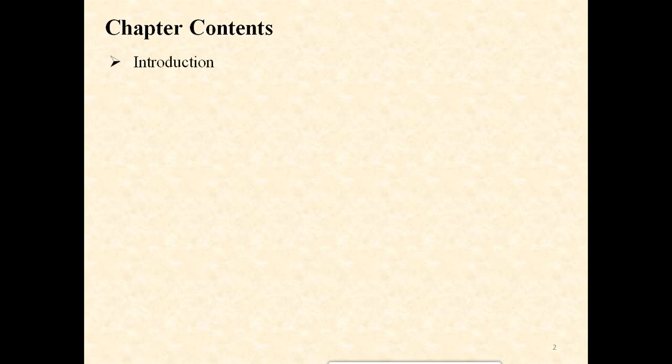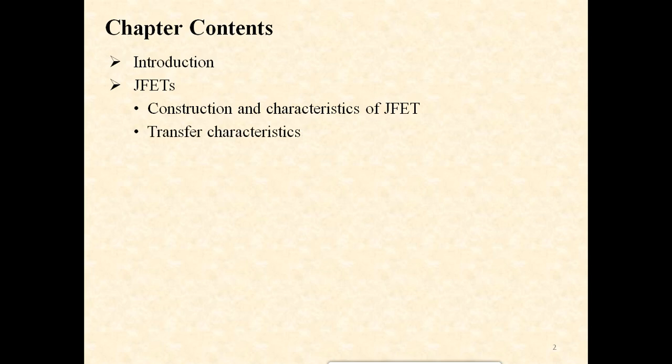Introduction about JFETs, then we'll be looking at the construction and the characteristics of a junction field effect transistor, the transfer characteristics. Further, we'll also look at the construction and the characteristics of depletion type MOSFET.